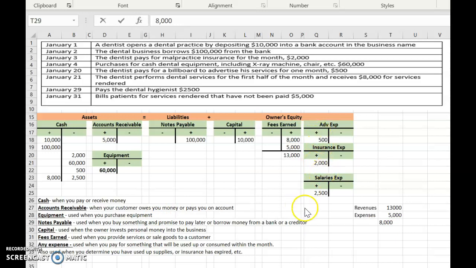Alright, so let's see how we get our balances in the other account. These are simply one number, so that is their balance. But cash has more than one, so we need to add up the increases and subtract the decreases. Okay, so we need to find the cash balance.